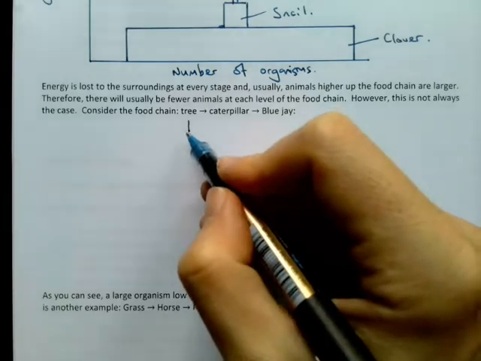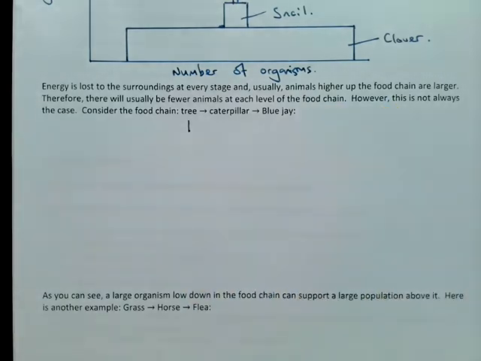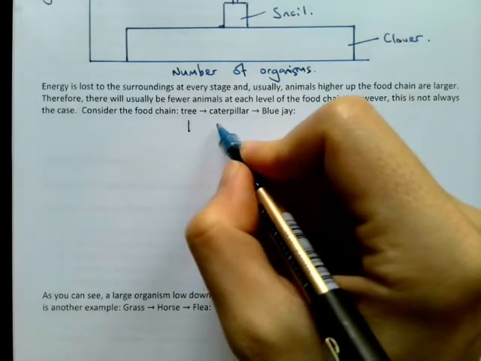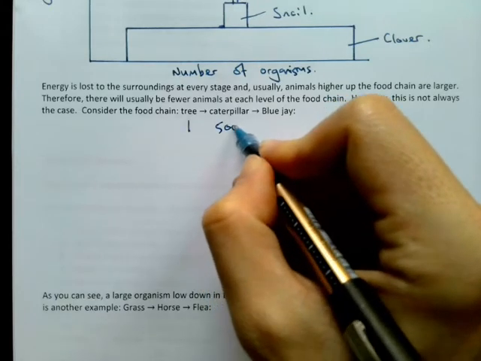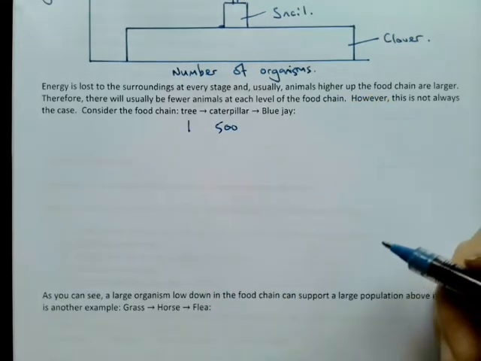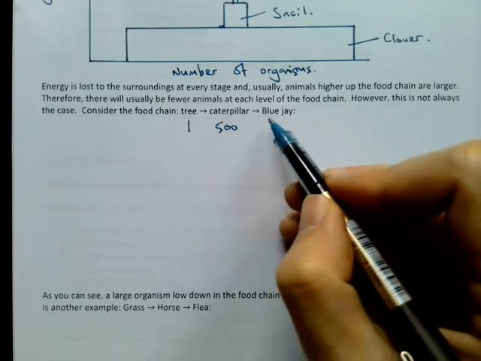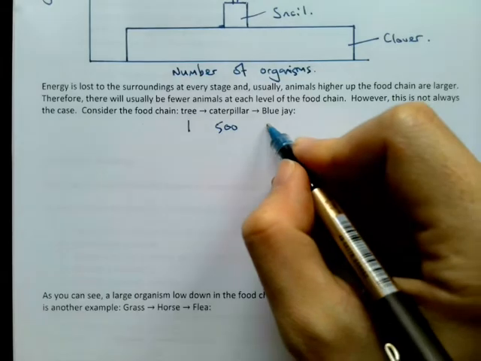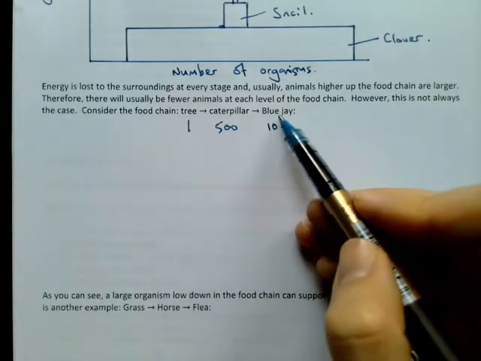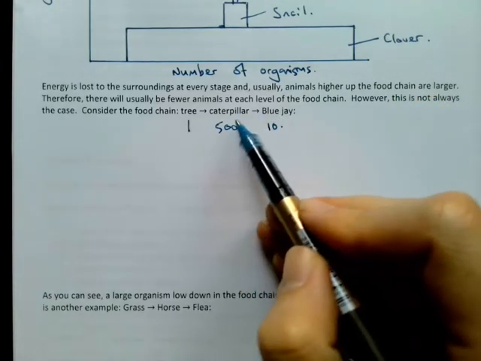Now on that one tree, there might be loads. Let's say, 500 caterpillars. Okay, and then let's say each blue jay eats 50 caterpillars. All right, which means there's going to be 10 blue jays. So those 10 blue jays can live in one tree because there's enough caterpillars.